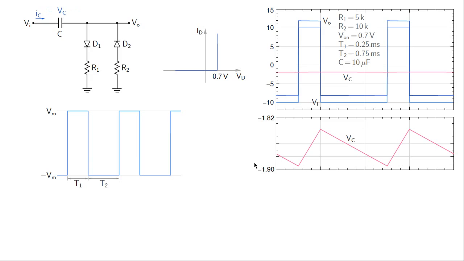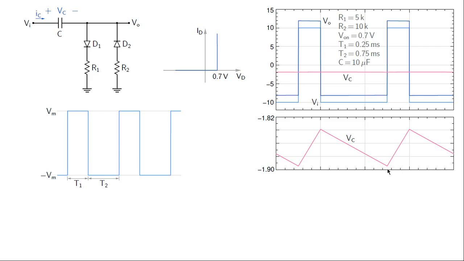And note that our capacitor voltage waveform is periodic. This value is the same as the VC value after one period, that is this one, and that is the meaning of periodic steady state.